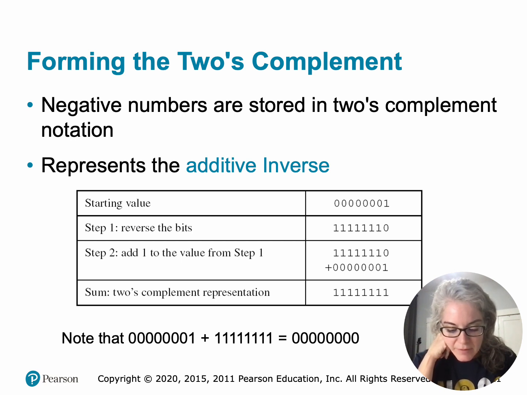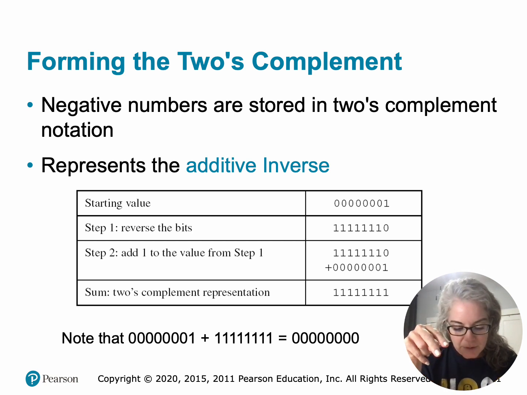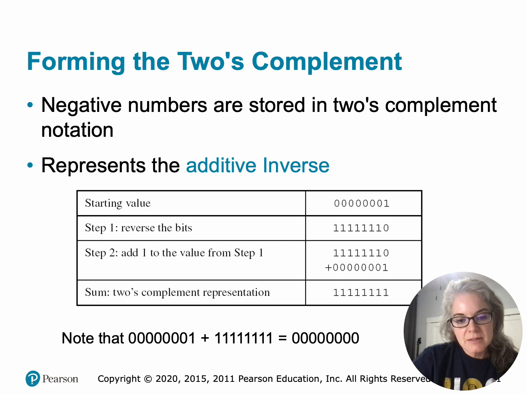Instead of having separate digital circuits to handle addition and subtraction, the 2's complement allows us to take something like a minus b and say that's the same thing as a plus negative b.